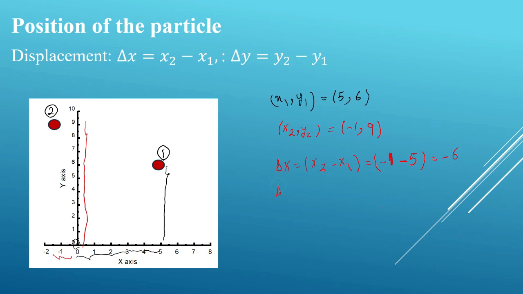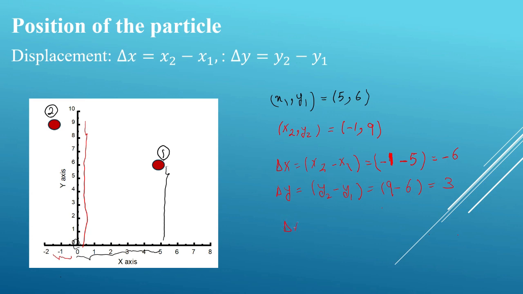And then for the delta y, it's going to be y2 minus y1, equal to 9 minus 6, equal to 3, right?